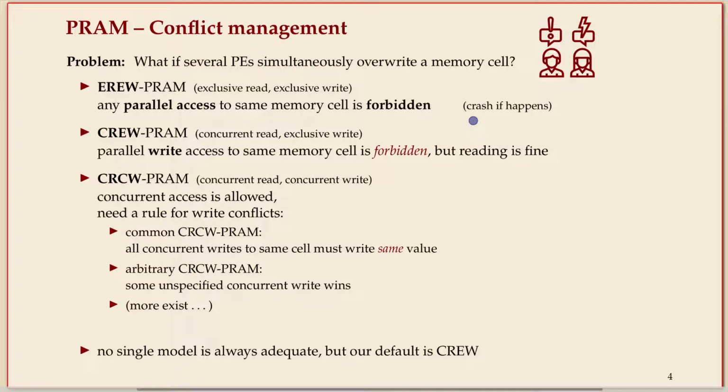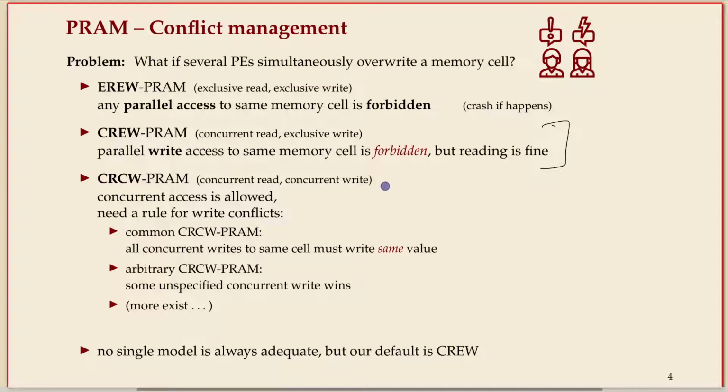So it's really a restriction on the programs, not necessarily the machine itself. The CREW is often the model that we'll think of because that's what programmers often find easy to work with, because that is free of weird things. Unfortunately, that's not what current hardware does.